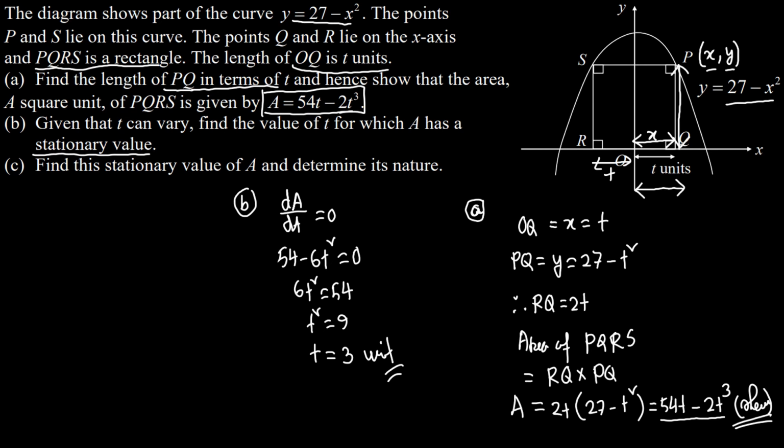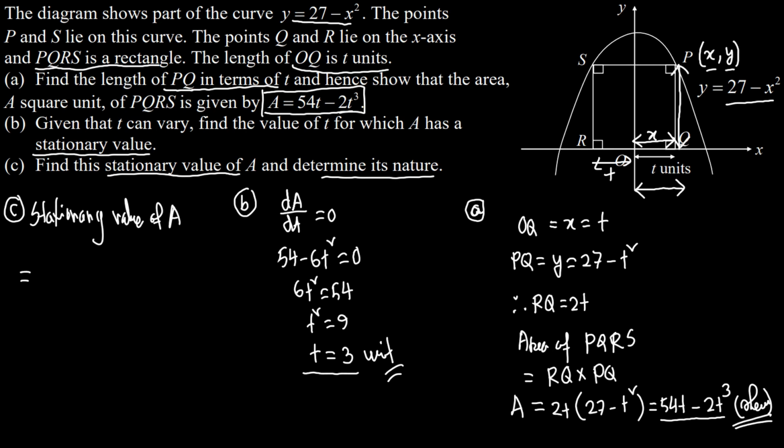Now the third part: find the stationary value of A and determine its nature. For the stationary value, we need to put this value of t in the main equation. It equals 54 times 3 minus 2 times 3 to the power 3.